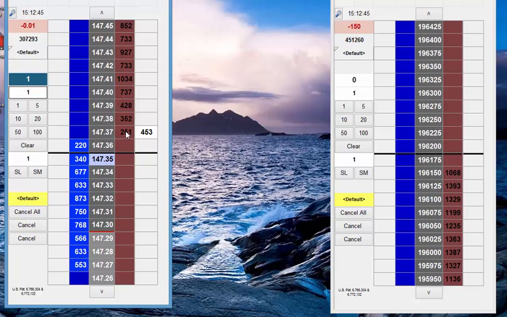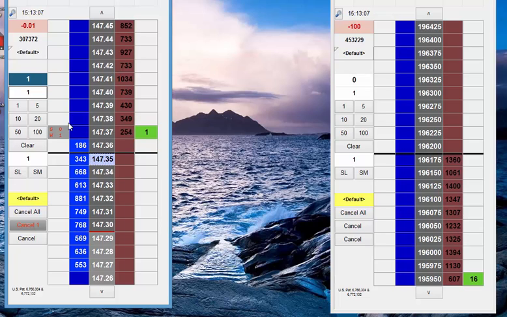Now I can try and work an offer here at 147.37, and if I get that price, I would have made 2 ticks. Bought at 35, sold at 37, that would be 2 ticks profit. Now in the Bund, every single tick to me is worth 10 euros for every contract that I trade.